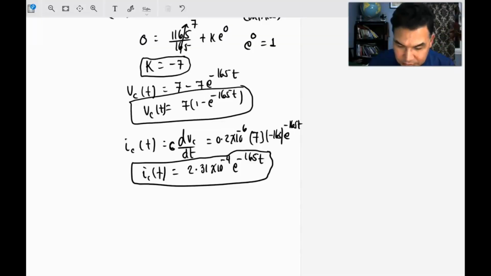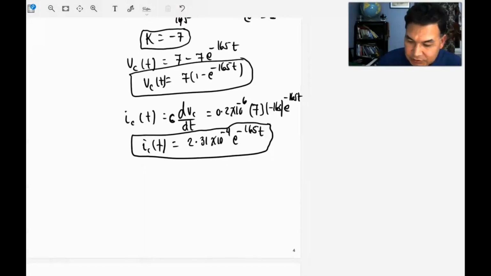Now if you want to calculate the time constant of this circuit, how would you calculate it? Taking voltage or current, VC is some initial voltage times 1 minus e to the minus t over tau.